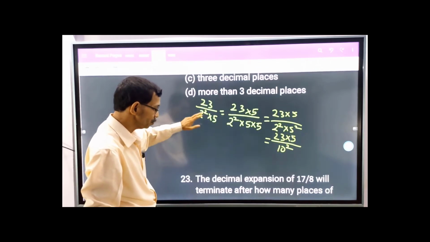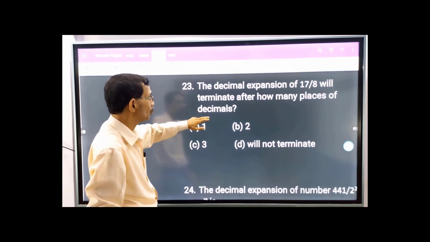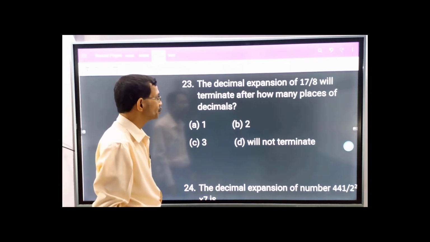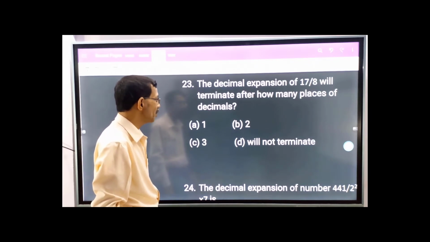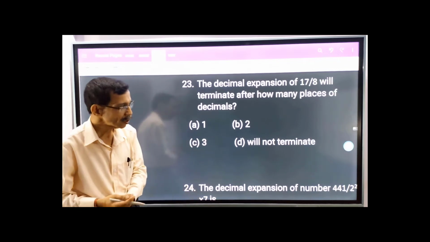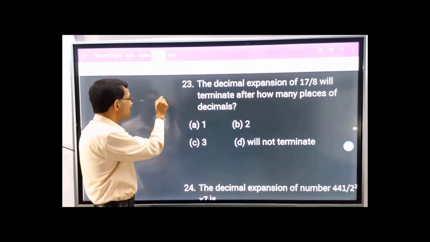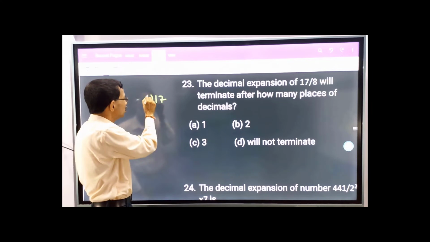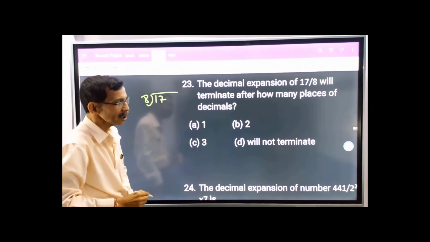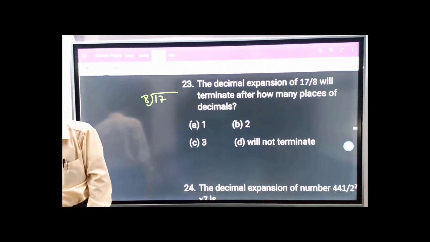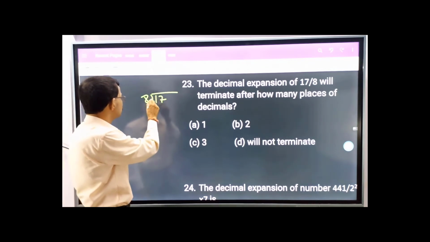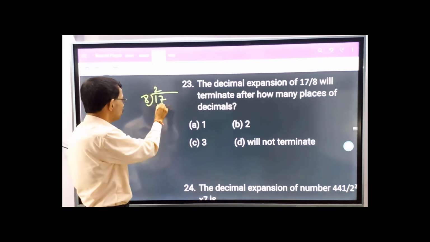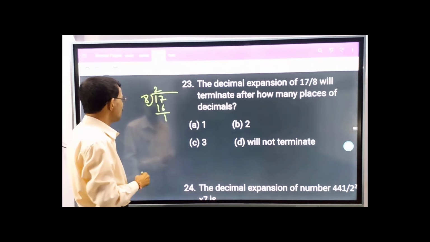Let's move to the next one. The decimal expansion of 17 by 8 will terminate after how many places of decimals? So here you can start dividing 17 by 8. 8 twos are 16 and 1 will be there.